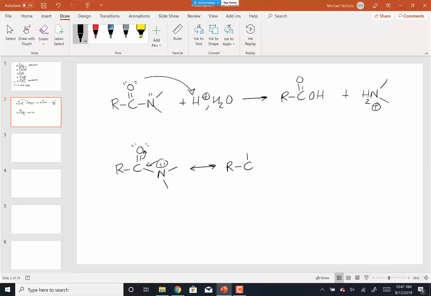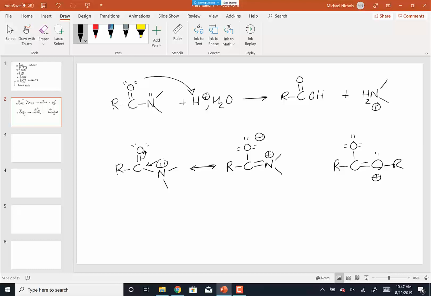So I can draw this with a plus charge. I can draw that resonance structure either for an amide, or if I started with an ester, it would look like this.